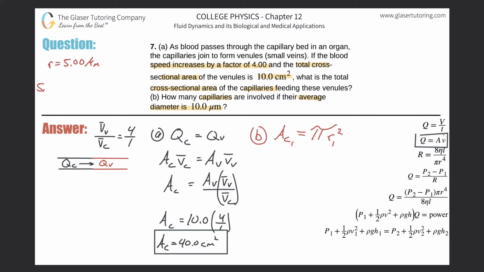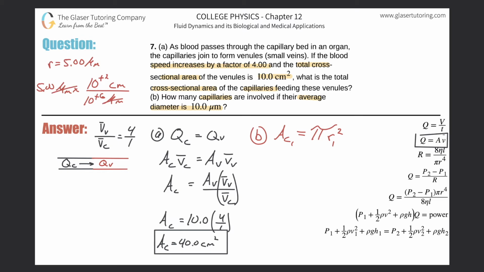So let's take the 5 micrometers, put micrometer on the bottom, put centimeter on the top. The prefixes are 10 to the minus 2 for centi and 10 to the minus 6 for micro. However, when you do metric to metric conversions, all you have to do is flip the signs, and you're going to get the right answer. Why is that the case? Well, that's for another video, but as long as you do this, you'll always be correct when doing metric to metric, prefix to prefix.